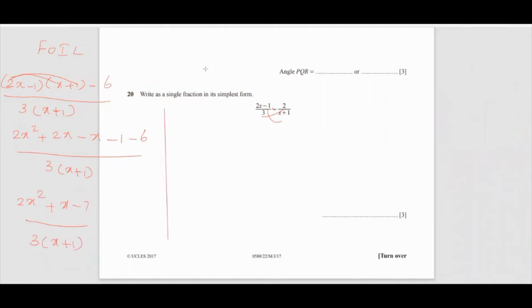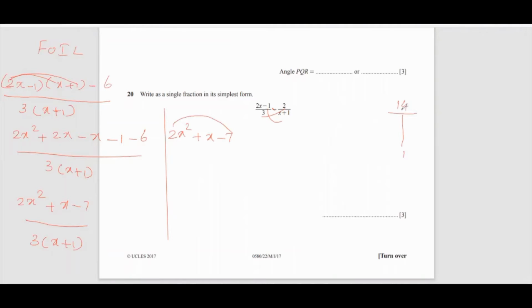Let me try to factorize the term 2x square plus x minus 7. If I factorize, what can I get? Let me multiply 2 times 7, which is 14, and then what about the middle term? The coefficient of x is 1.